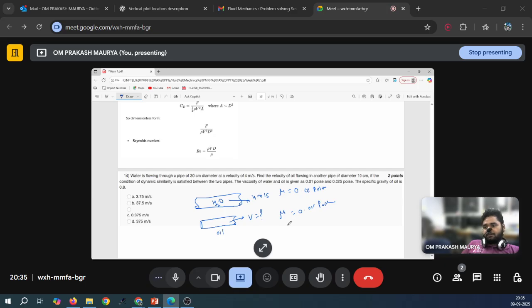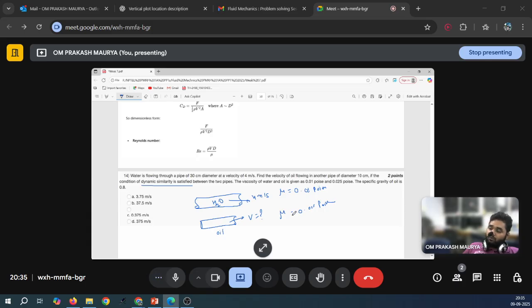So here only one clue is given, the dynamic similarity. Everything is different from case 1 to case 2. Diameter is different, the flowing fluid is different.